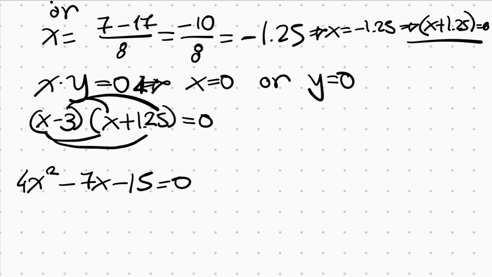Okay, so if you do all those calculations and then multiply with 4, you will get the initial equation that you tried to solve, and this is because those two are the solutions.